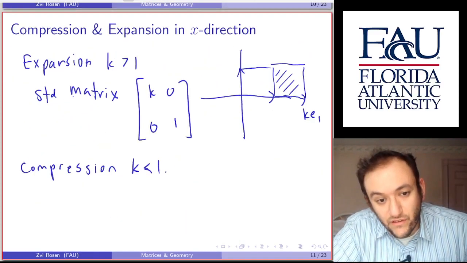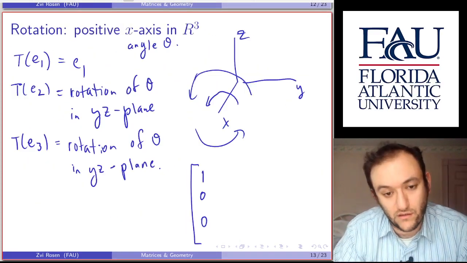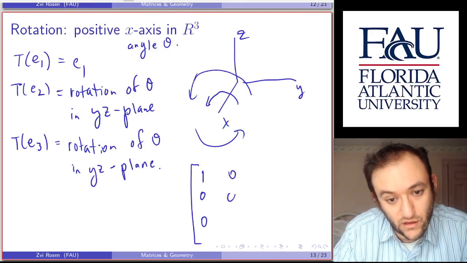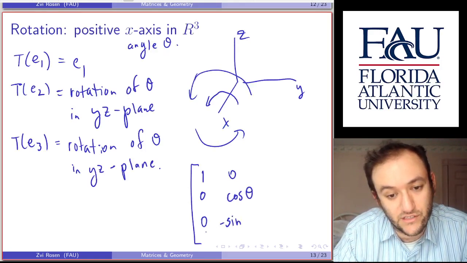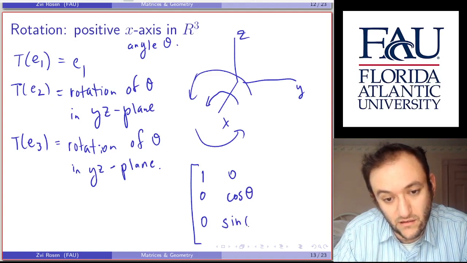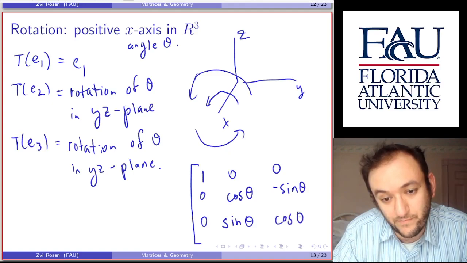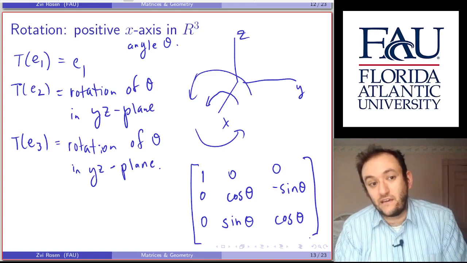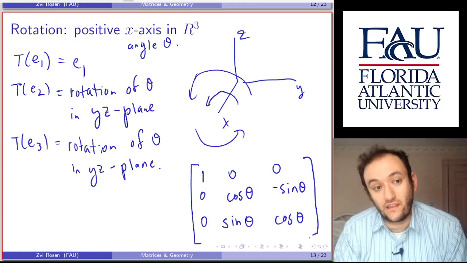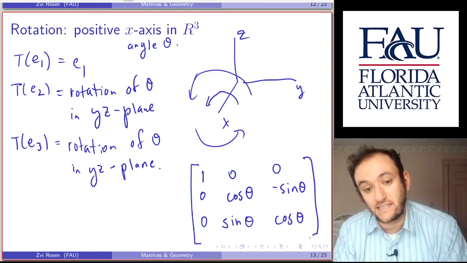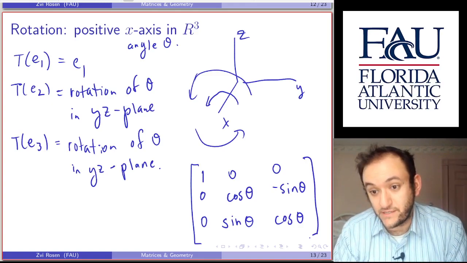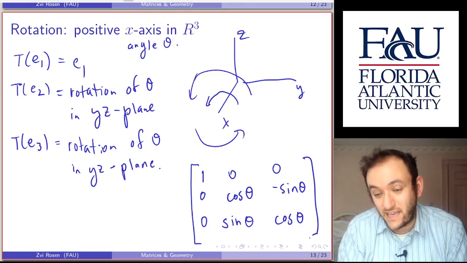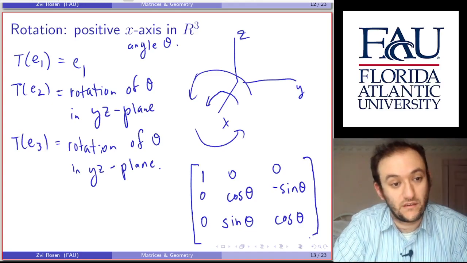So we have 0, cosine theta, minus sine, or sorry, this should be sine theta, and 0, minus sine theta, cosine theta. And that is the matrix for rotation about the positive x-axis in 3 dimensions. The x part stays the same and the yz part changes.